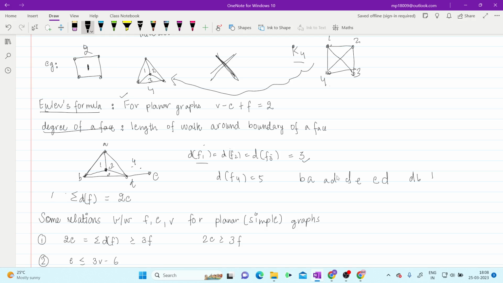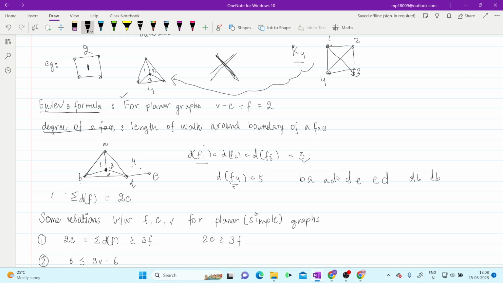So we see that it will be 5. We started with B and we have come back to B again.